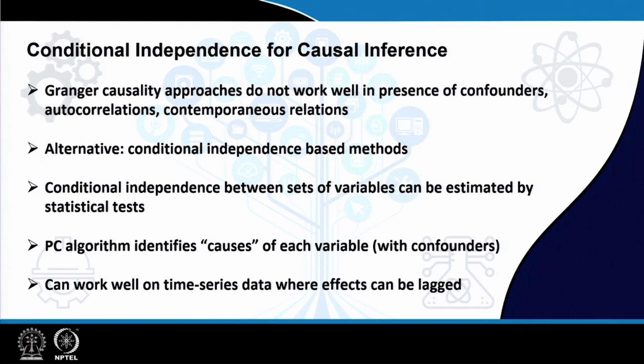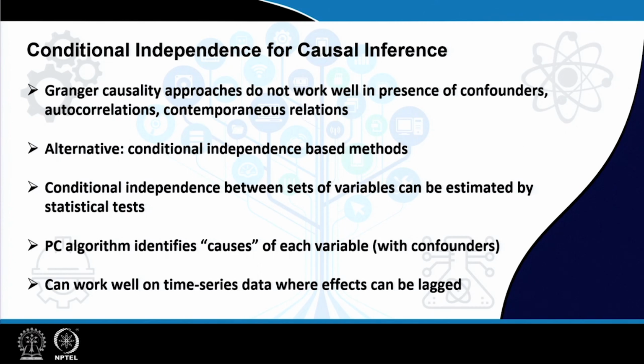We know that we can call x and y independent of each other if the joint distribution of x and y can be factorized as the marginal distributions of x and y, that is p of x comma y is equal to p of x times p of y.